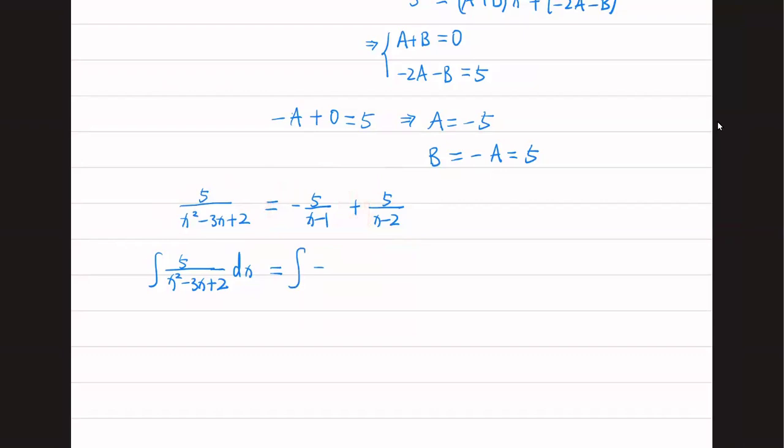So it will be -5 dx. I'm sorry, I copied everything. Okay, the integral of the addition is the addition of the integrals. And we can pull out the coefficients, -5, +5.